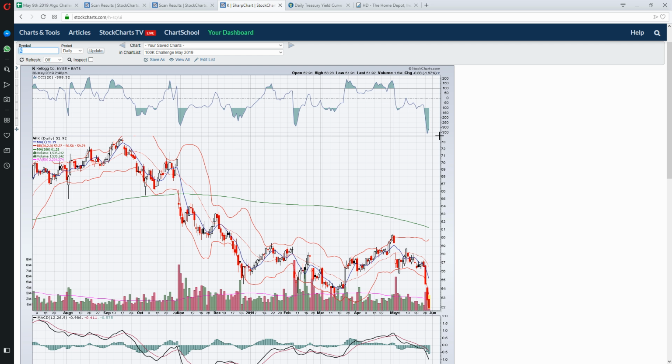And this is something where the chance of a snapback is very good. They have some issues, some reorganization going on, but where do you step in? Yes, you have the oversold condition here, but stepping in can be quite dangerous.